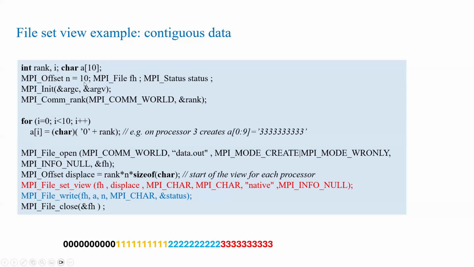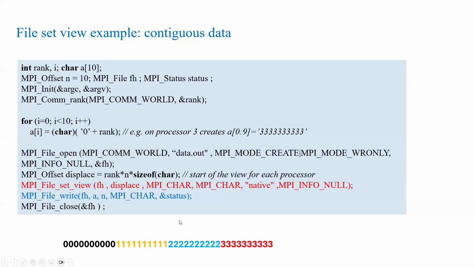And then each will be assigned a number, or we call it a character here, okay. And then with its index, for example 0, you create an array of size 10. And here, for example, we use 4 processes, and the IDs will be 0, 1, 2, 3, right?